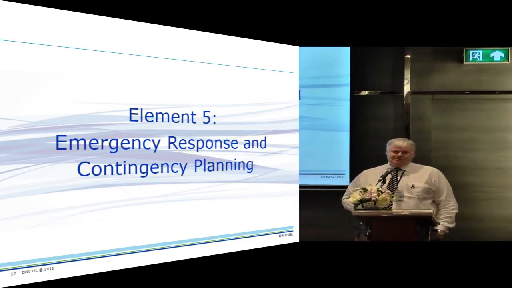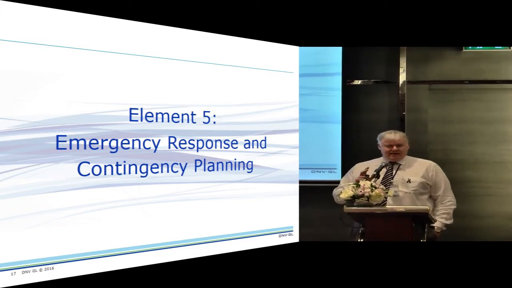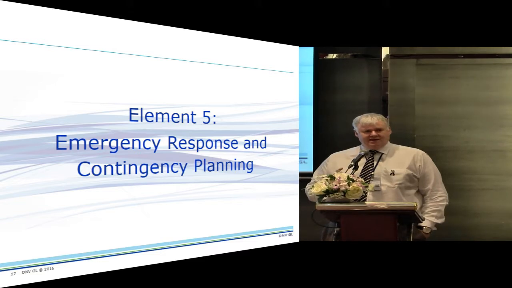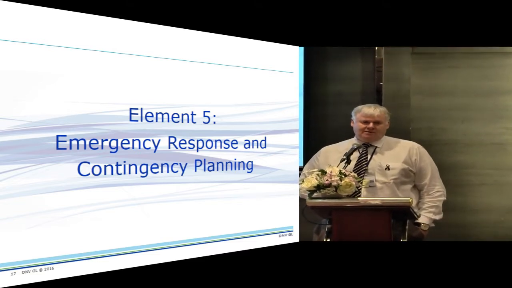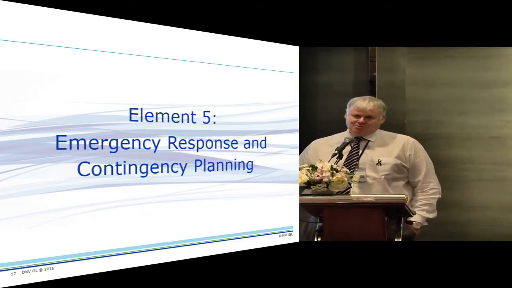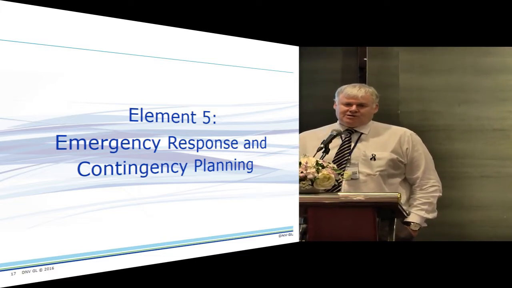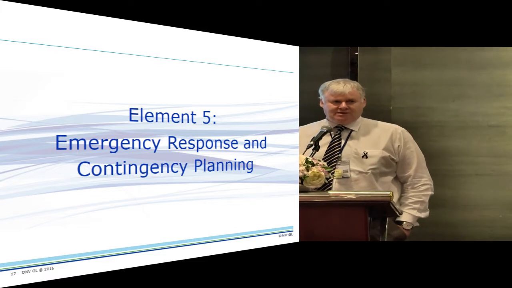So the element really looks at these areas and asks, are we really prepared for what could happen, or are we making assumptions which may or may not be correct? It has led to some very interesting discussions in the hospitals, not just about the types of emergency, but the scale of those emergencies and how they would be managed.